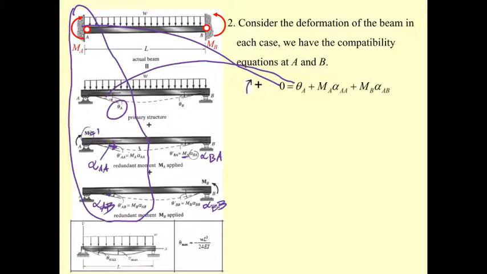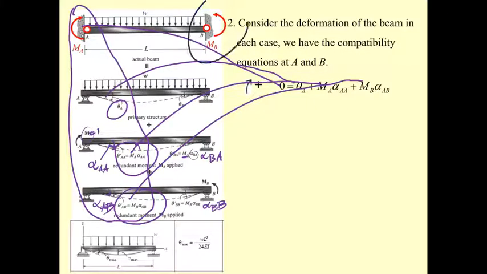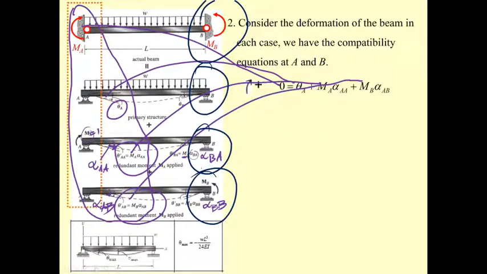This one is clockwise, this one also is here. All of them are plus. And for the other, on this side, this side, this side, and this side, all of them are counterclockwise. So all of them are plus.